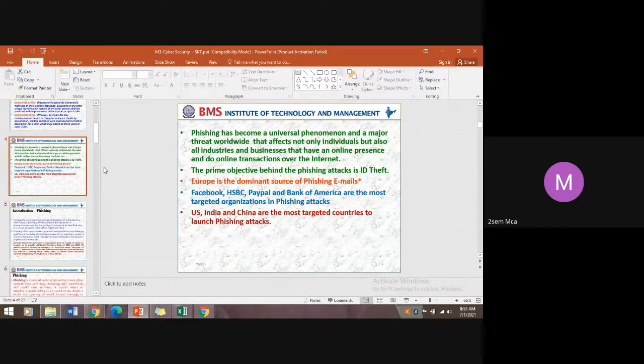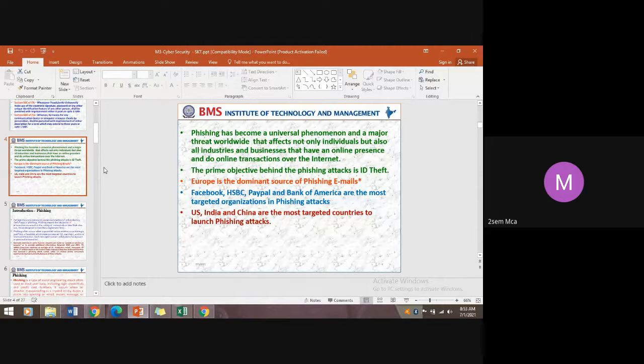So phishing has become a universal phenomenon and a major threat worldwide that affects not only individuals but also all industries and businesses. According to the prescribed textbook, most of the phishing emails come from the European continent.